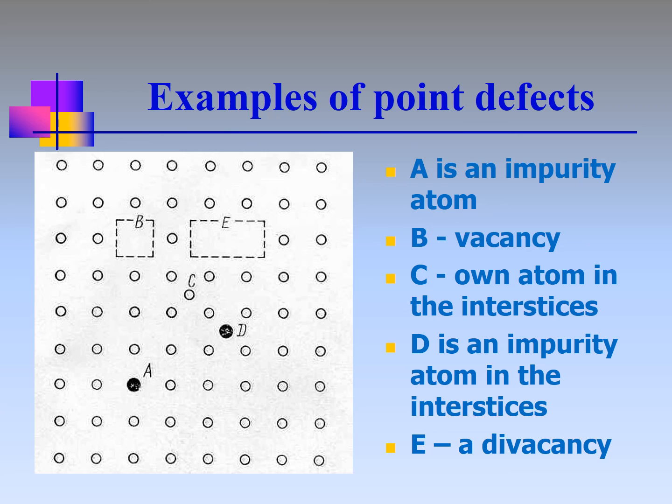The formation energy of one vacancy is of the order of 1 electron volt, and for the interstitial atom is a few electron volts.